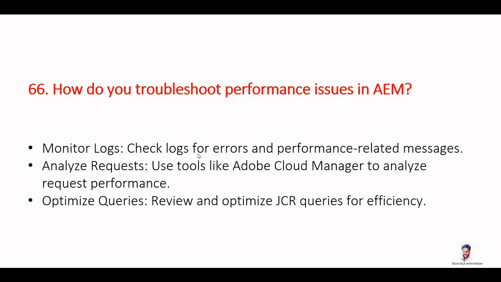First, we need to monitor logs, check logs for errors and performance-related messages, analyze requests, and use tools like Adobe Cloud Manager to analyze request performance. For example, within your HTML file, if you have dynamic APIs, like registration form submission or login form submission, or any third-party API you are calling from the front end, you go to that page, open the network console, go to the network tab, refresh or do that activity, and search for your API call.